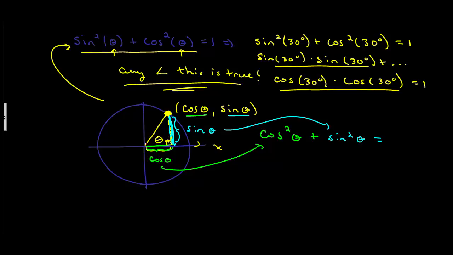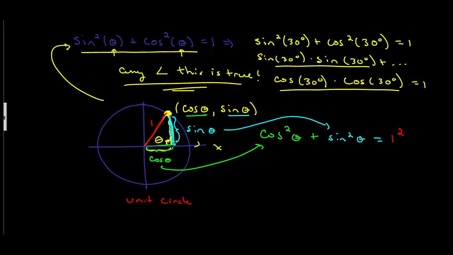So let's do that in red. Now, what is the length of the hypotenuse? Well, the important part is that we drew this on the unit circle. So the hypotenuse length is 1. So it should be equal to 1 squared.